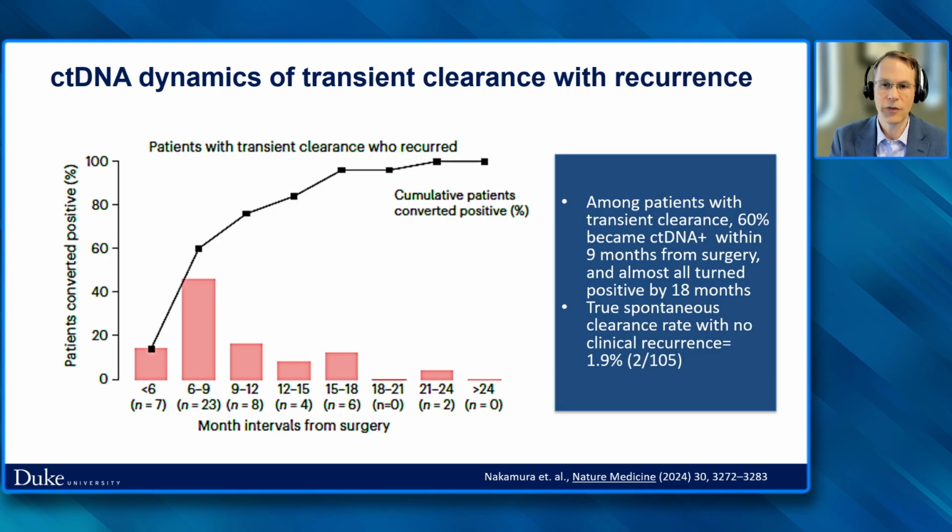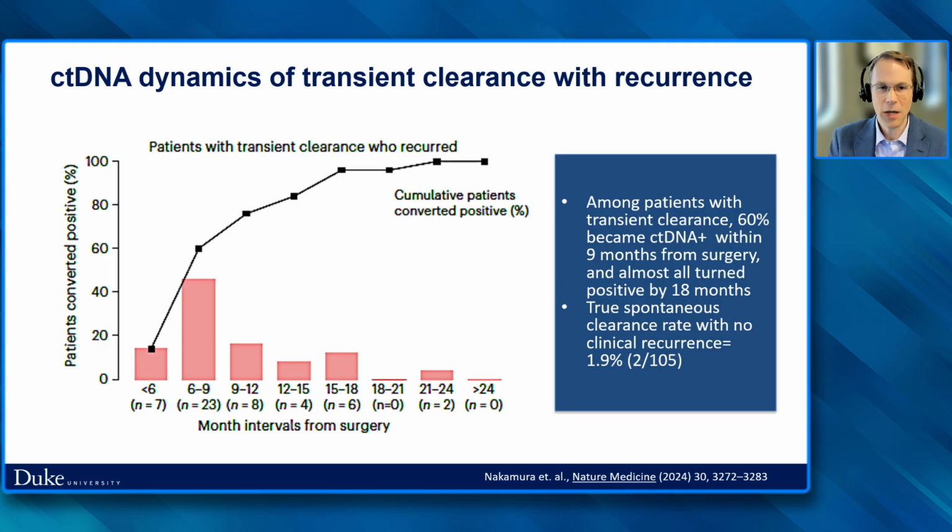And what they found is nearly all patients who had transient clearance recurred within 18 months. So sustained clearance appears to occur usually once a patient gets 18 months out from their clearance, and their prognosis is usually excellent.